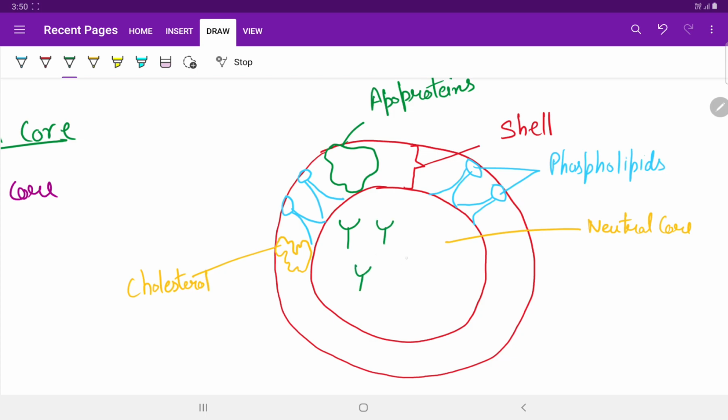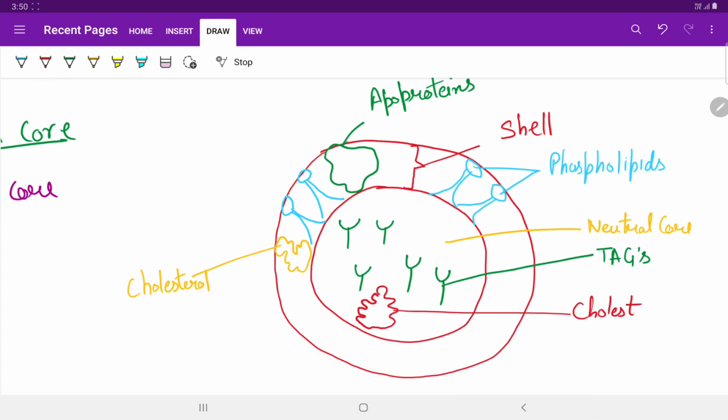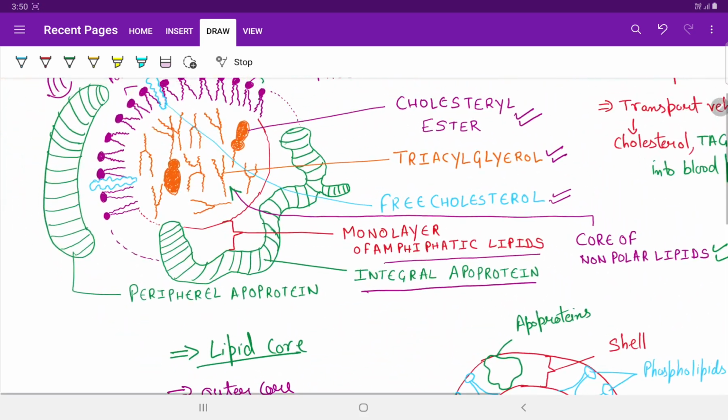These are all triacylglycerols present in the neutral core. I am simply writing them as TAGs, and along with the TAGs there will be cholesterol esters. So, the esters of cholesterol will be present here. This is the generalized structure for lipoproteins.